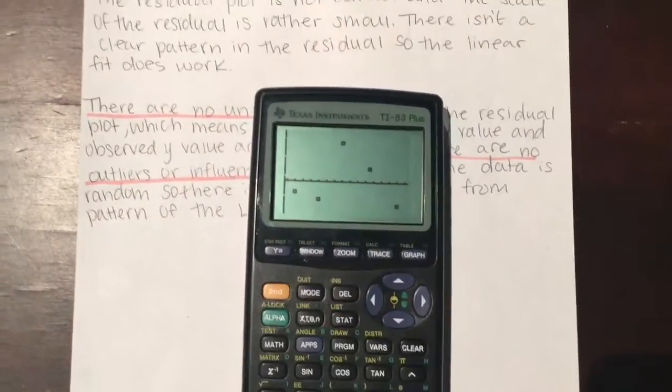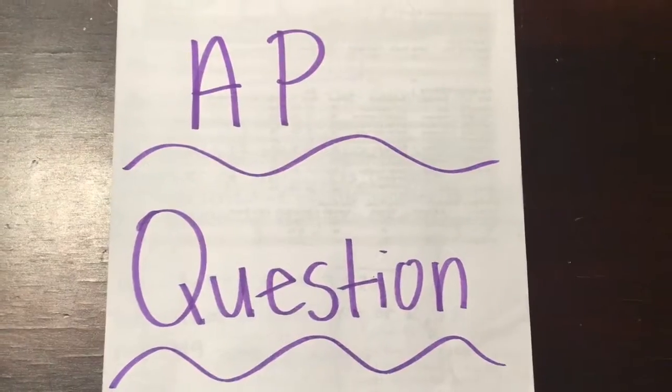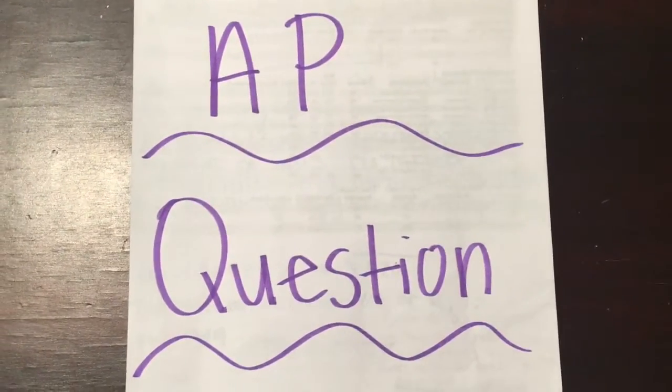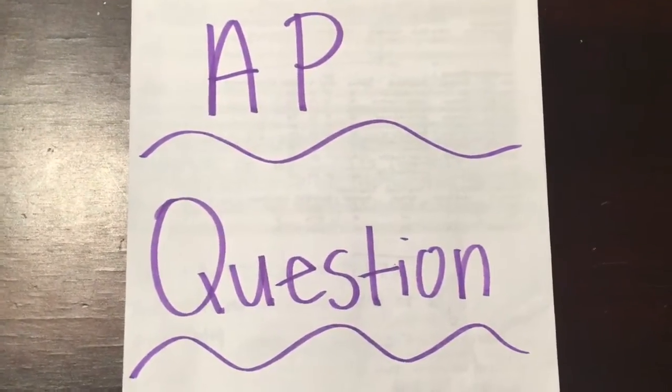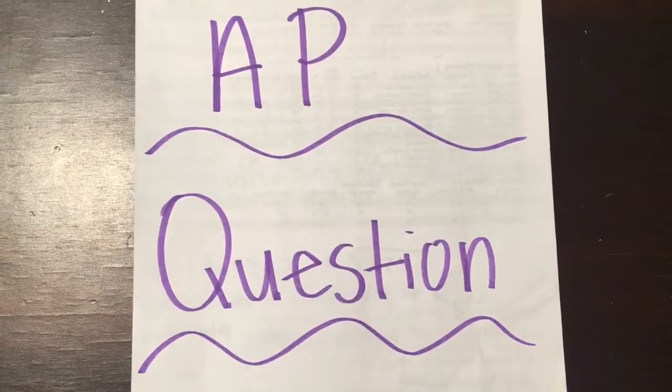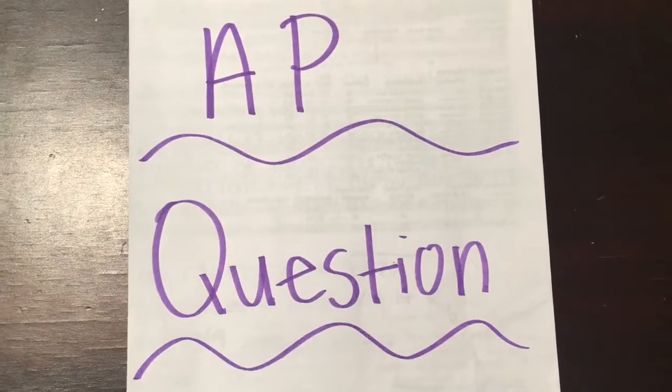And last but not least, we have the AP question, which states, commercial airlines need to know the operating cost per hour of flight for each plane in their fleet.